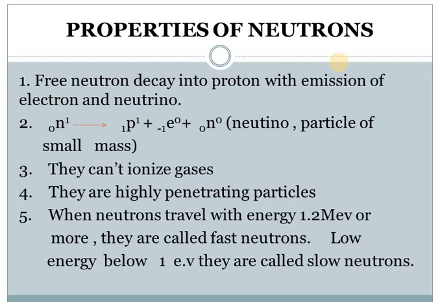So you can say that neutrons are of two types, fast neutrons and slow neutrons. Fast neutrons will have high energy, that is, up to 1.2 mega electron volt or more than that, and slow neutrons will have 1 or below that value. This is one of the very important points.